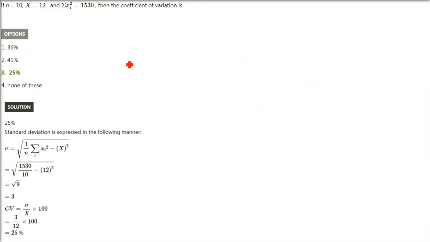Next is, if n is given as 10, x bar, that is the mean, is given as 12 and sigma xi whole square is 1530, then the coefficient of variation is. What is the coefficient of variation here? So coefficient of variation, simple formula is sigma by mean, that is standard deviation by mean, multiplied by 100.